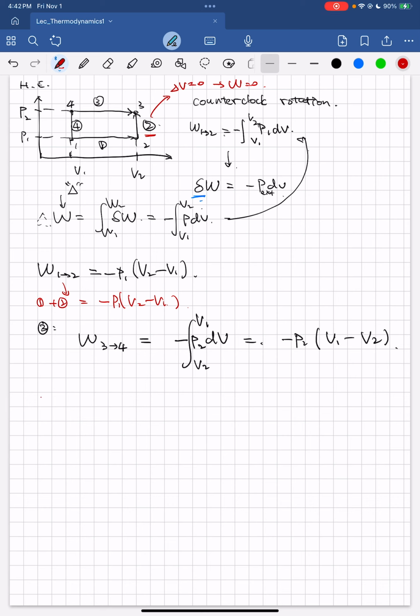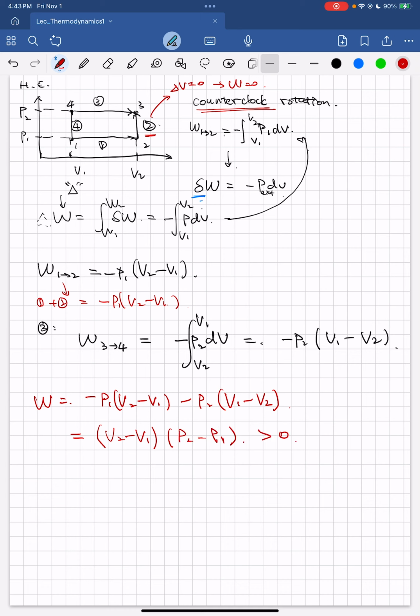So if you add all 4 of them, if you do a counterclockwise rotation, then total work is going to be minus P1 (V2 minus V1), minus P2 (V1 minus V2), which is going to be minus, so you get that out, then (P2 minus P1)(V2 minus V1).